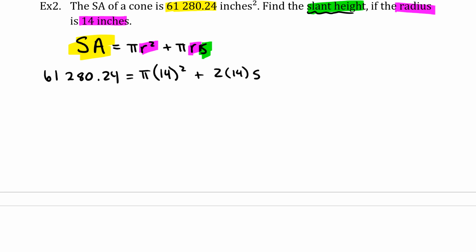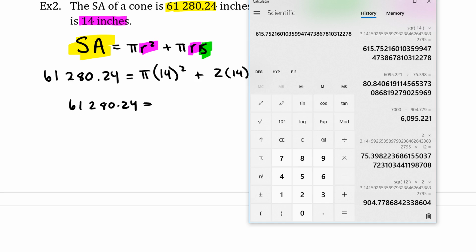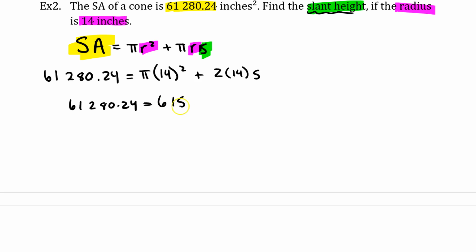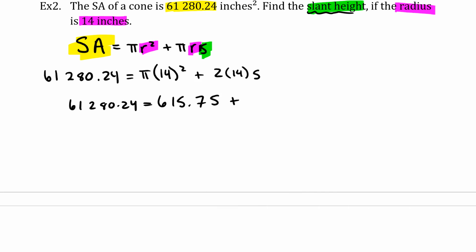Now I'm going to simplify this and that. 61,280.24 equals 14 squared times pi, so that's 615.75, plus, oh, sorry, I made a mistake here, guys.